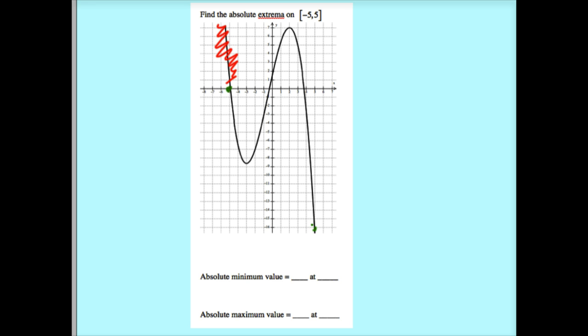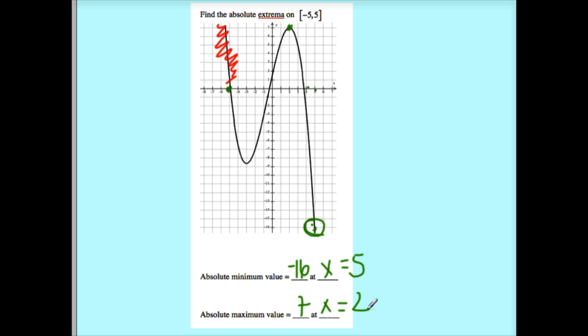Well, our absolute minimum value happens right here at -16. And this happens when x is equal to 5, because 5 is our value right there. Our maximum value, our highest point, happens right up here. We see the value is 7, and this happens when x is equal to 2.